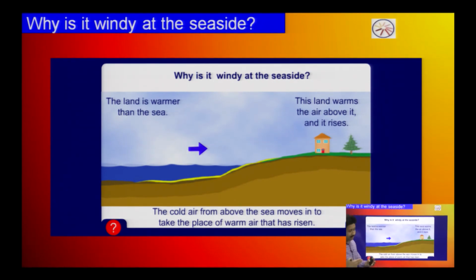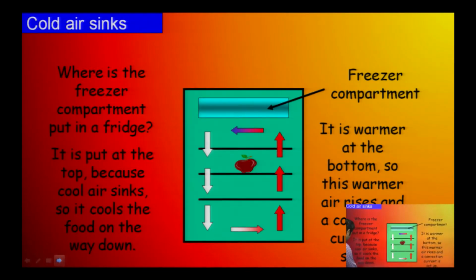Just now I told you that nothing can be kept in vacuum naturally because we have atmospheric pressure over our head. So the cold air from the sea will try to take its place. That's why if you're standing near the seashore, you will have good gusty winds touching your face. It will be very windy, very breezy. So this convection is very important to build a nature system.